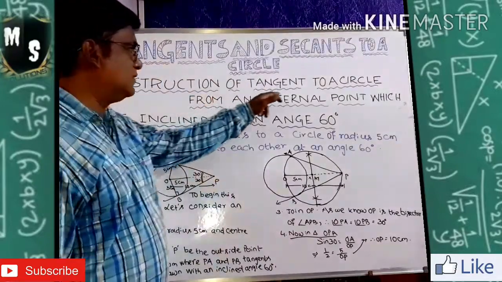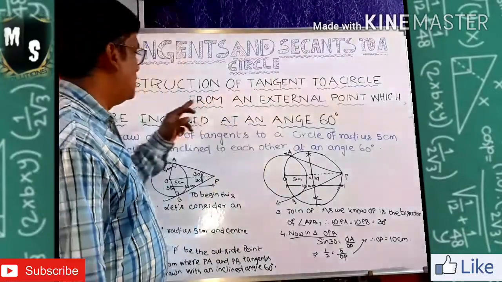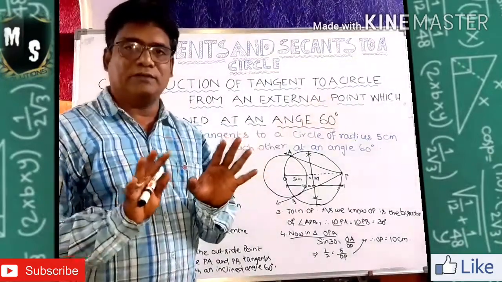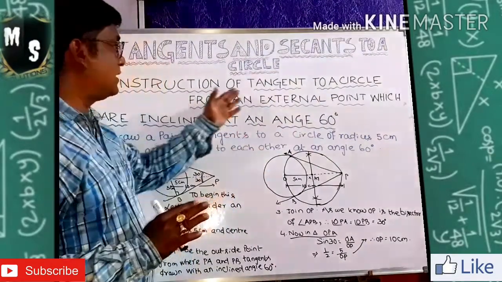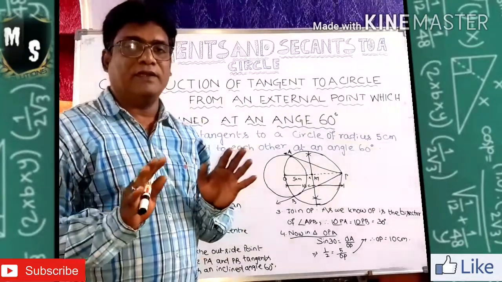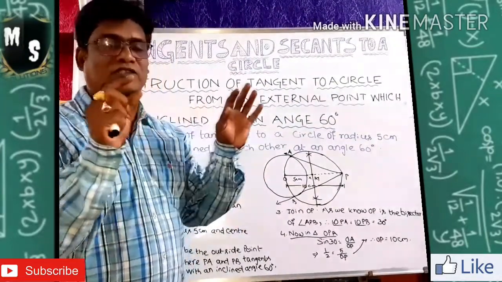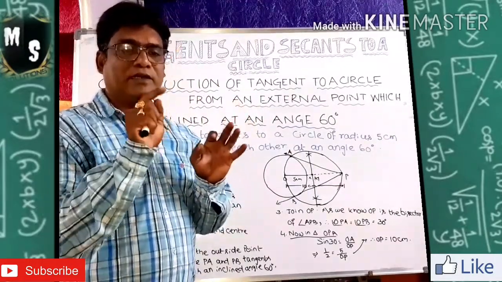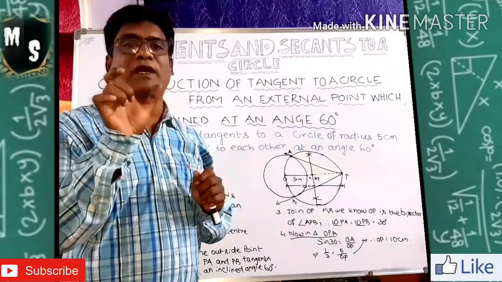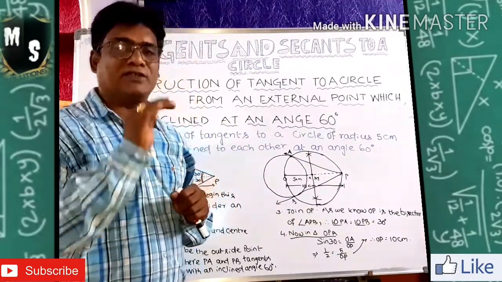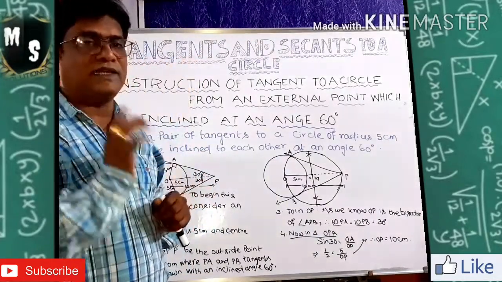Construction of tangent to a circle from an external point, we already did. So, take the outside point, join it, take the perpendicular bisector and get the midpoint, and through the midpoint and the desired radius, you draw another circle which cuts the original circle in 2 points, and you join them as tangents.